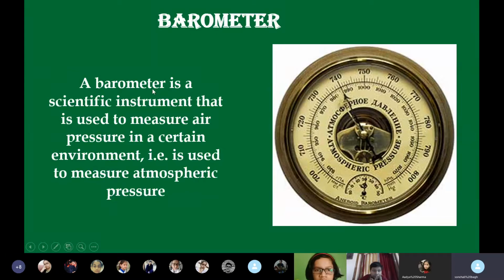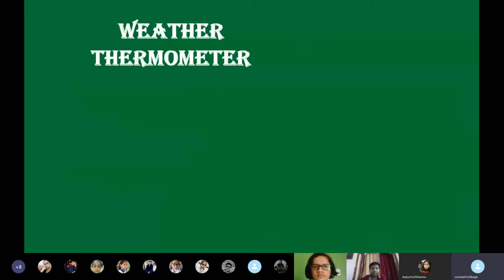A barometer is a scientific instrument that is used to measure air pressure in a certain environment. That is, it's used to measure atmospheric pressure. Any confusion? No, ma'am.